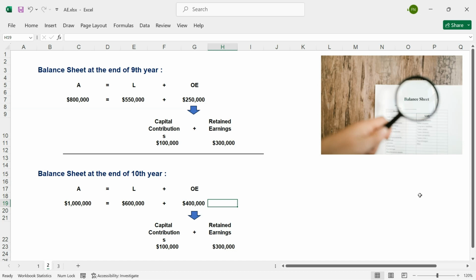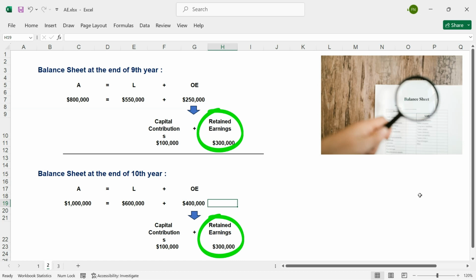If you were to look at, for example, retained earnings as of the end of the 9th year, and retained earnings as of the end of the 9th year had a balance of $150,000, and retained earnings is $300,000 at the end of the 10th year, you can assume that retained earnings must have increased by $150,000 during that 1 year.